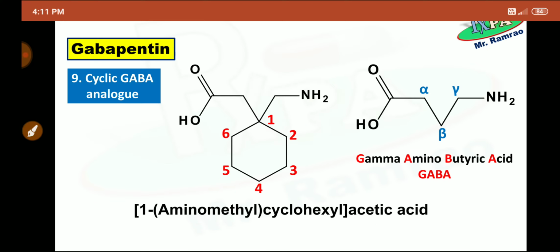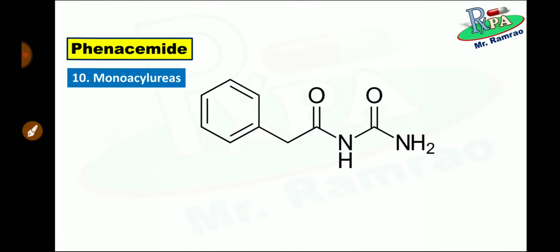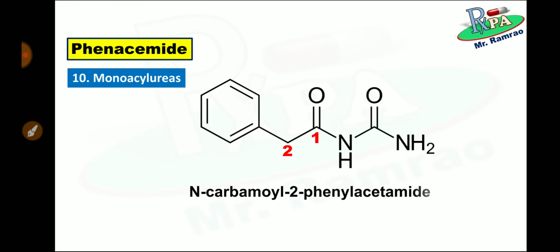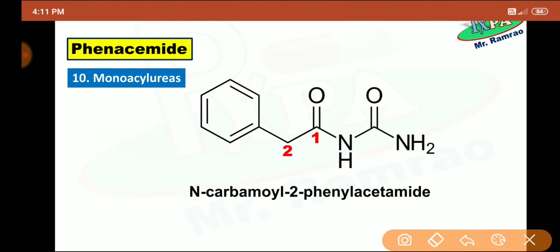So this is gabapentin. Now we'll see the next molecule, which is a monoacyl urea derivative, and the name of the molecule is phenacemide. First give the numbering; numbering is very easy. Now we'll see how the IUPAC name is given. IUPAC name is also very easy. Why is it called monoacyl urea?